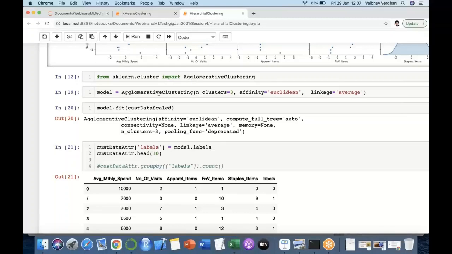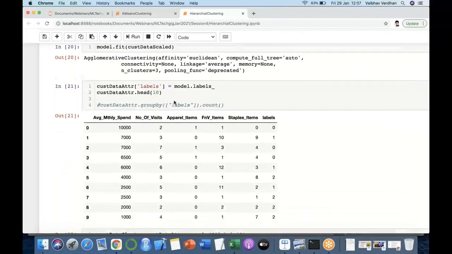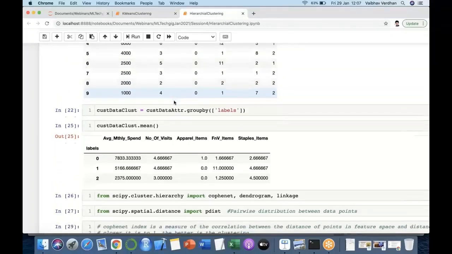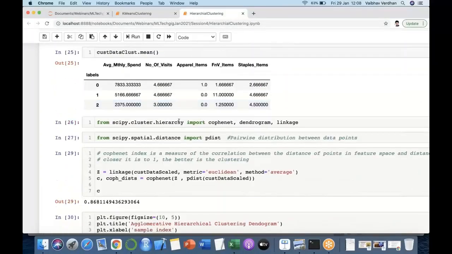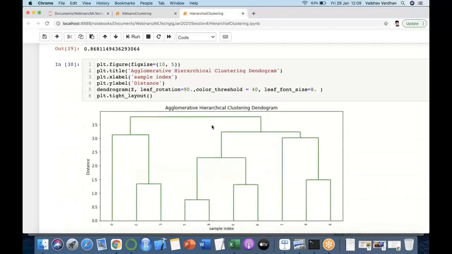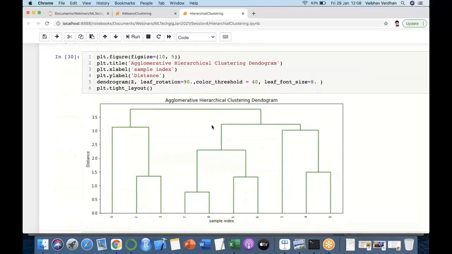I'll come to that at a later point, but for the time being, let's move ahead with the clustering. We created the clustering, grouped by labels, and I created the dendrogram. This is the dendrogram which I can have in my hierarchical clustering algorithm.